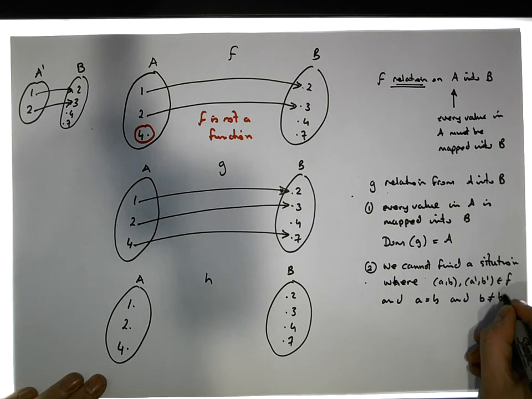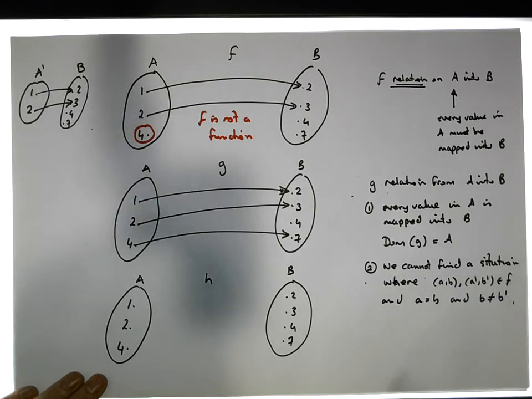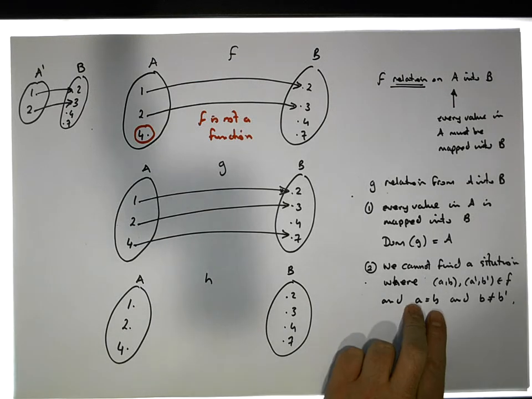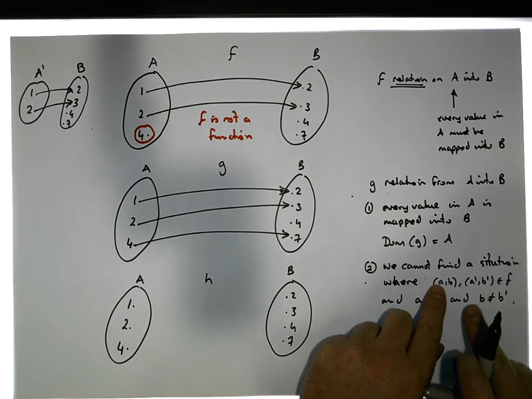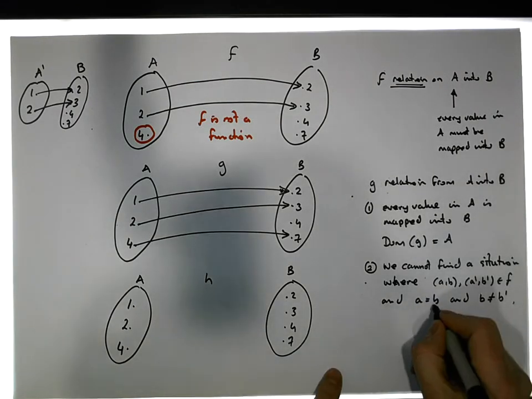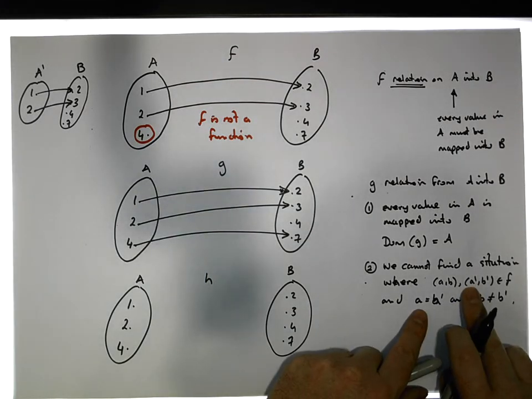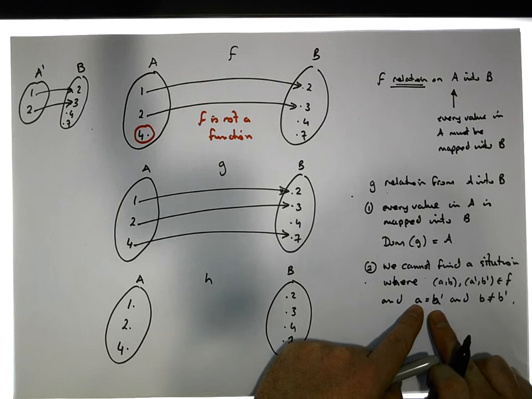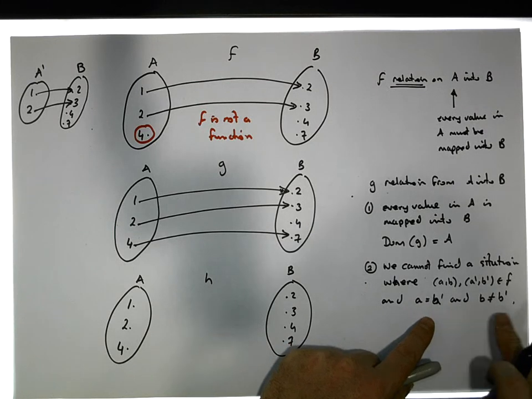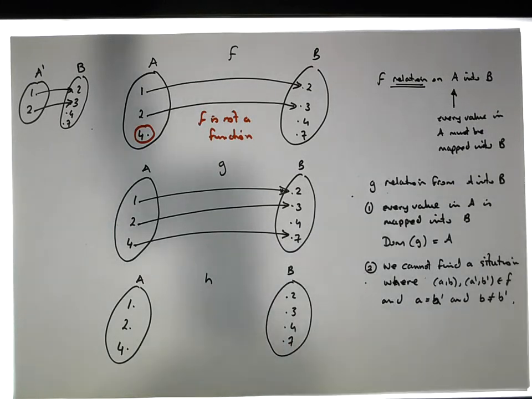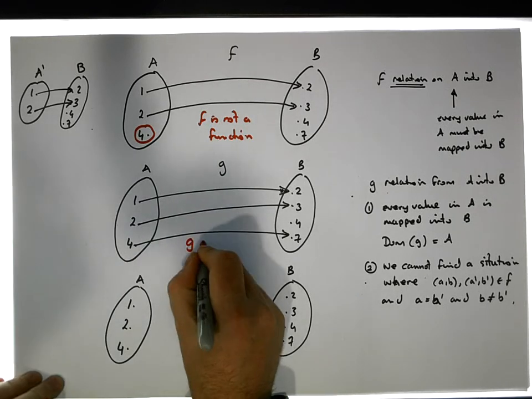We can't find any of those ordered pairs. We can't find any situations where the first value in our first ordered pair is equal to the first value in our second ordered pair, but they're mapped into different values. We don't have them there. So this is a function. In this case, G is a function.